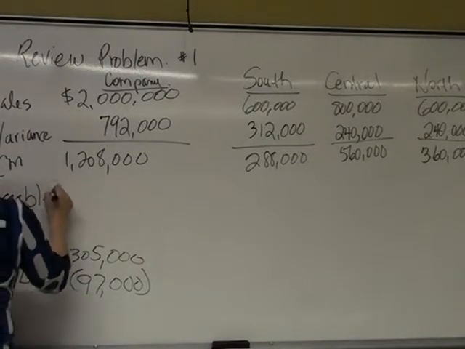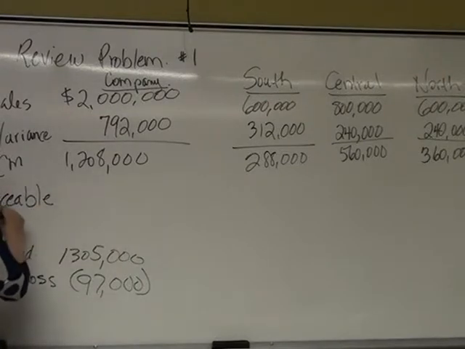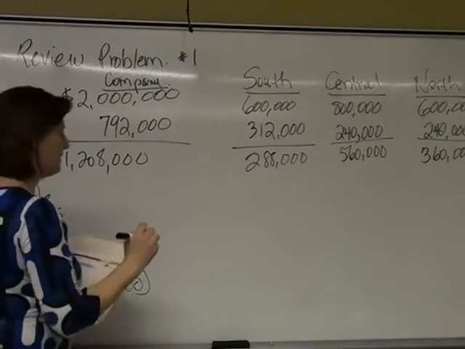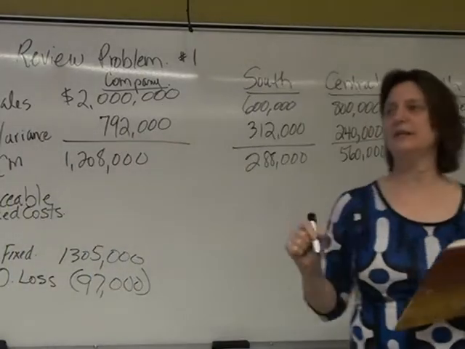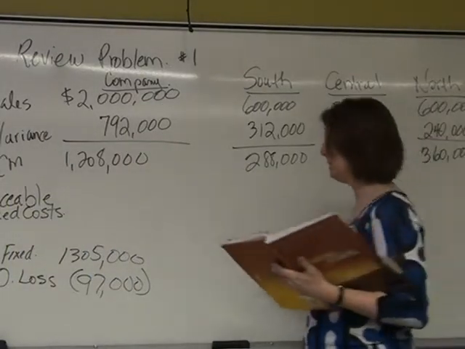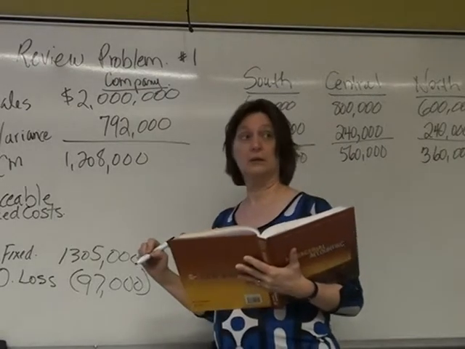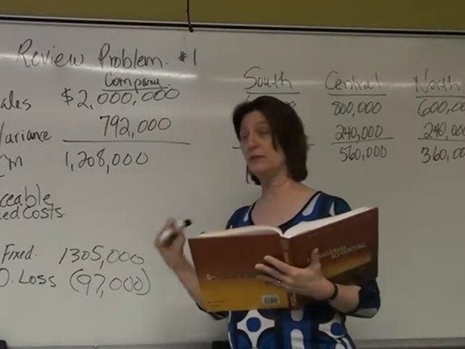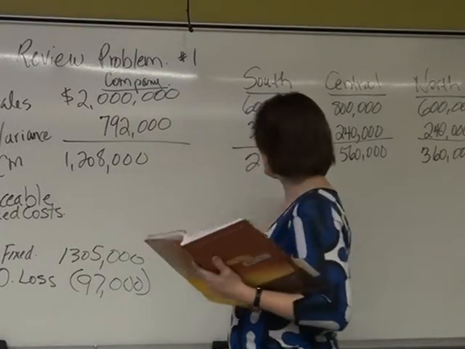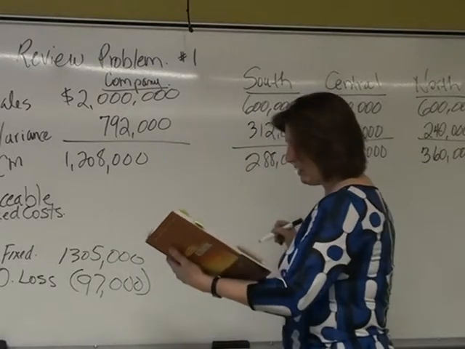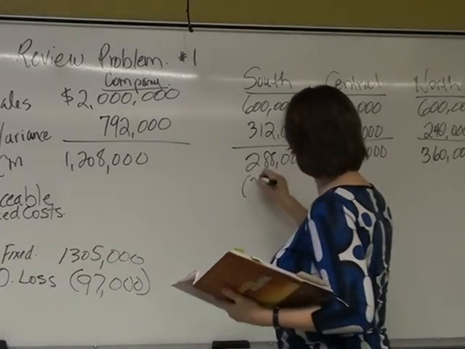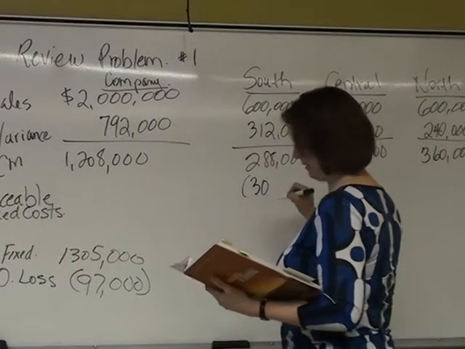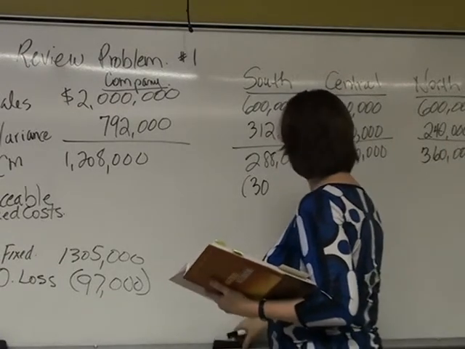Okay. So what are those costs? Those are costs that will be eliminated if we eliminate the segment, right? Traceable means that if we get rid of the segment, we get rid of those costs. So the traceable fixed expenses here are 320.